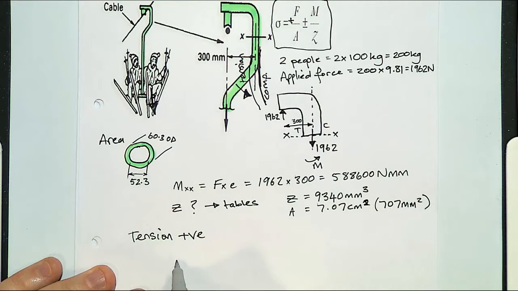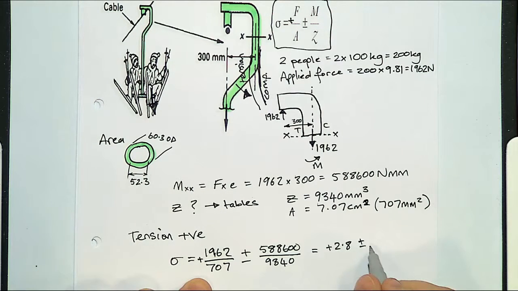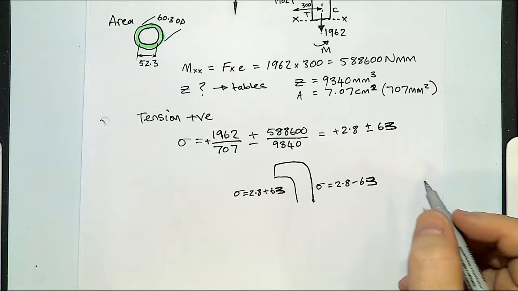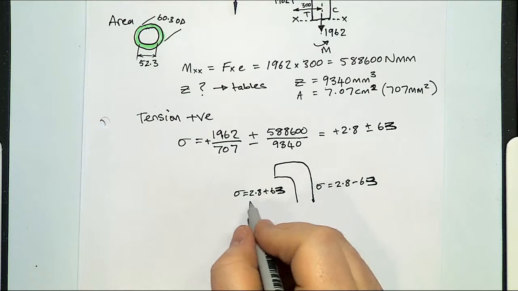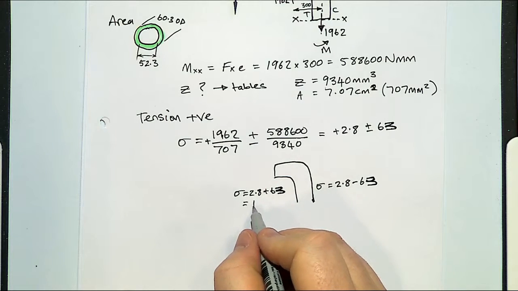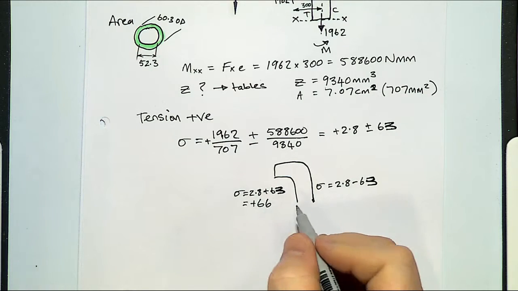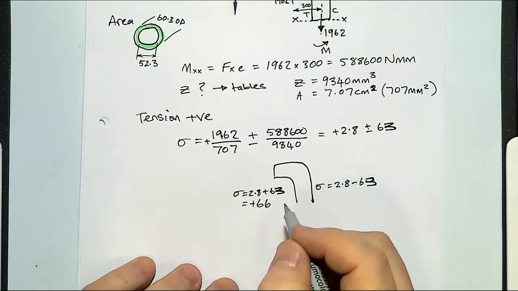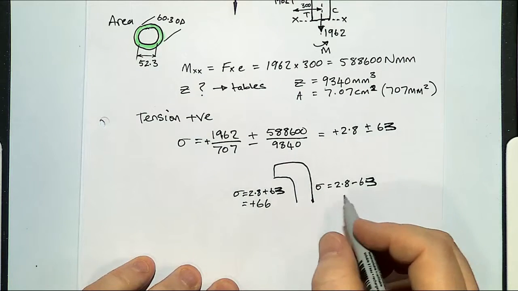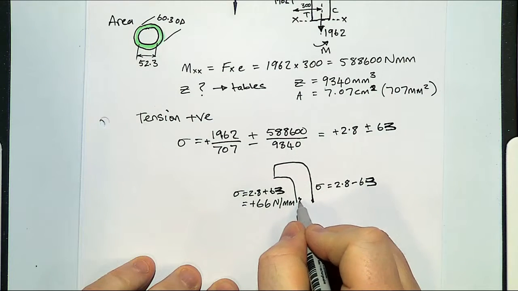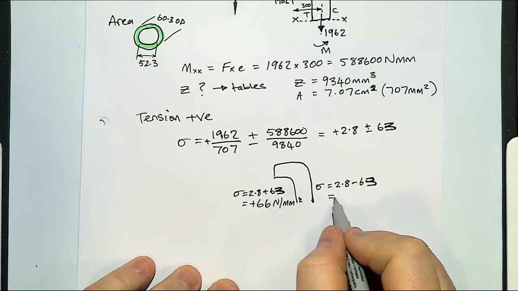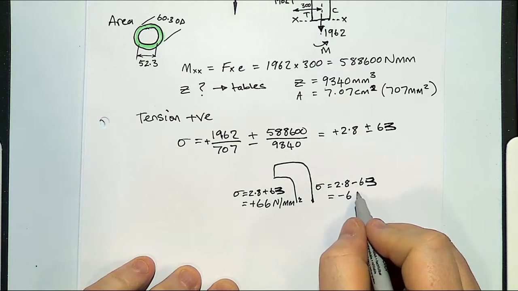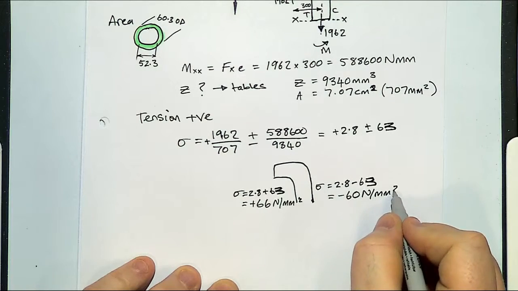In terms of right now our formula, our stress, so our stress on this side is plus 66 or 65.8. and our stress on this side is minus 60 newtons per millimetre squared.